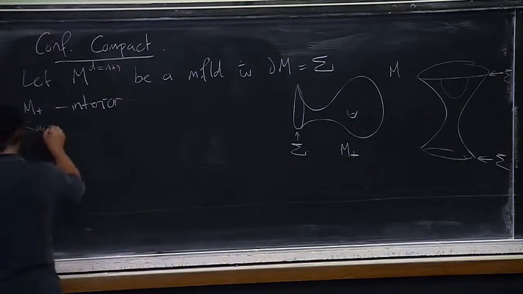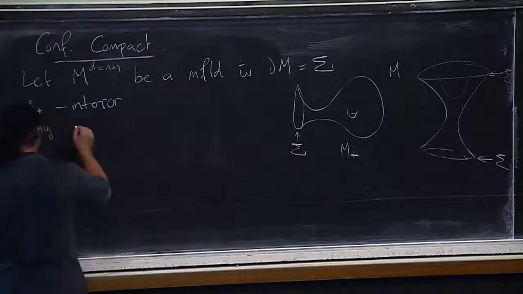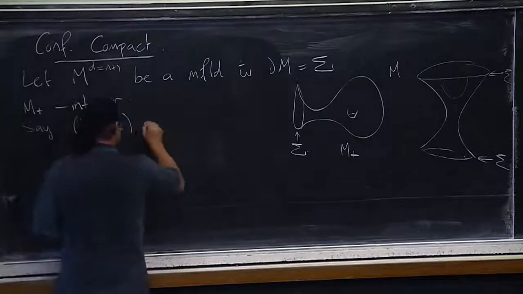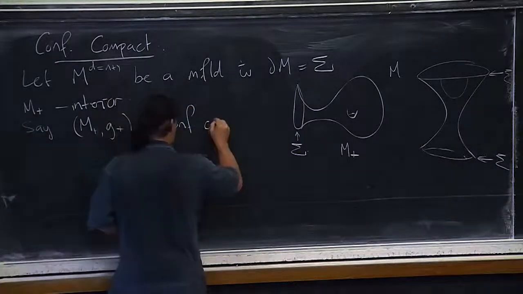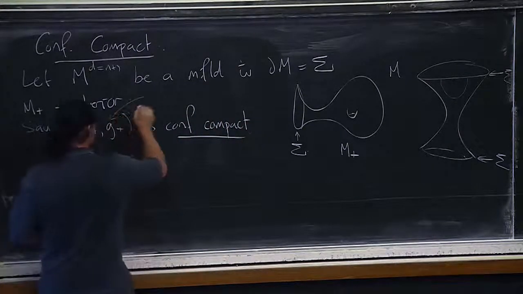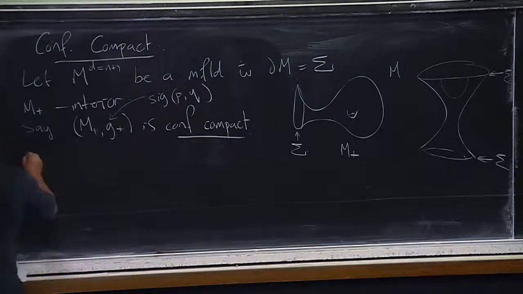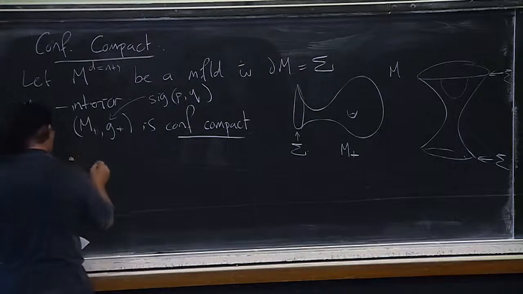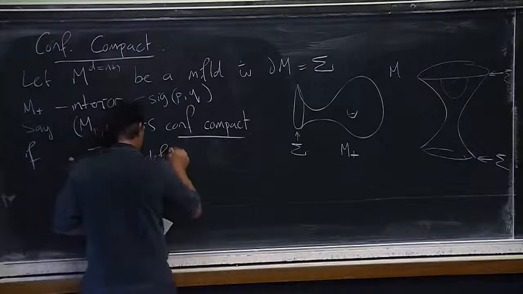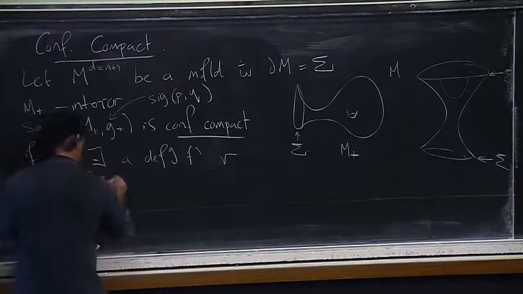and we will say that (M plus, g plus) is conformally compact. And this can be some signature (p, q) as usual. Two things. So first of all, there exists a defining function, call it r, for the boundary.